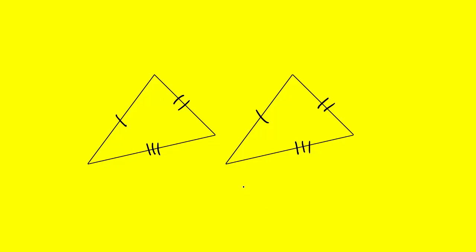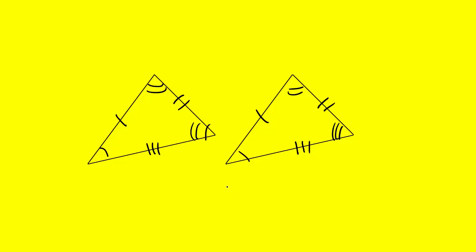If I know this is true, then I know everything else will be true in terms of the definition of congruent triangles, meaning I'll know these angles are congruent, and these angles here are congruent as well. So again, what you see in front of you is the definition of congruent triangles, where you have 3 pairs of corresponding angles that are congruent, and 3 pairs of corresponding sides that are congruent.